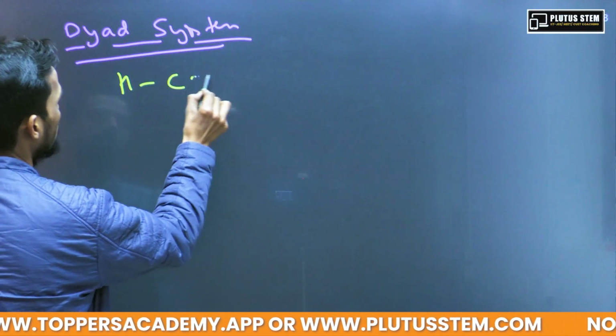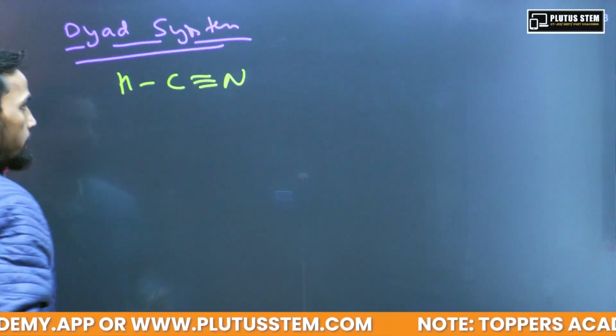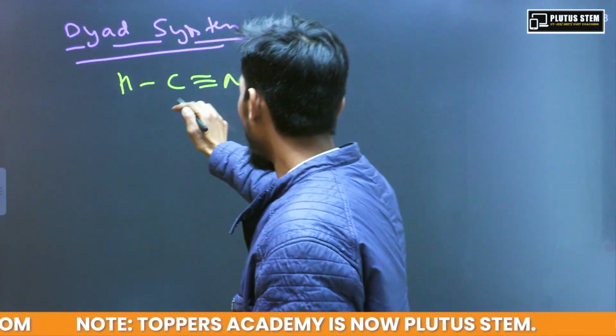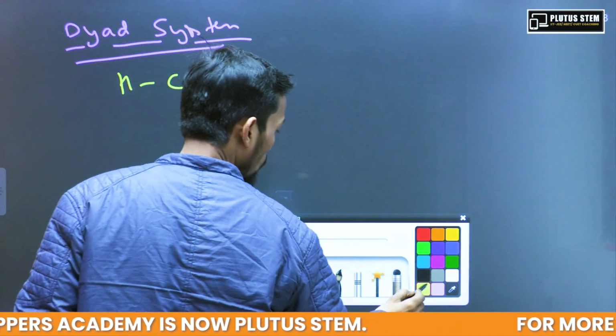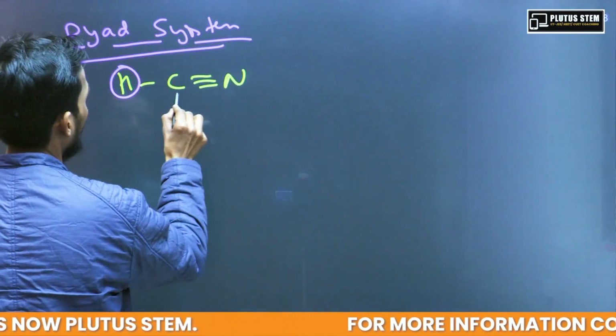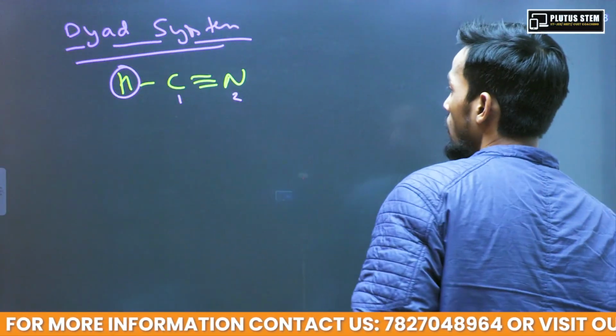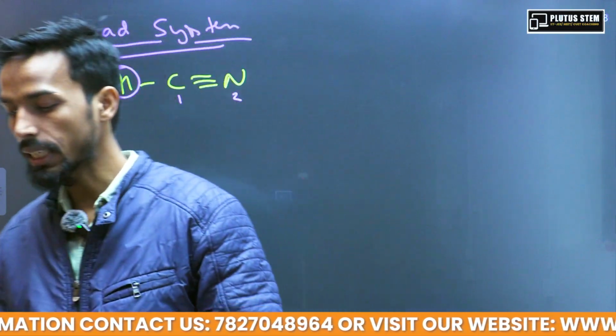H, C, triple bond N, where the conjugation, the movement of this hydrogen will be from 1 to 2. HCN.